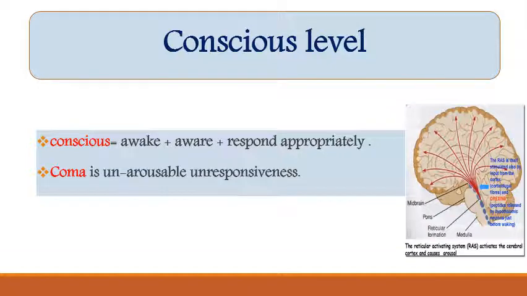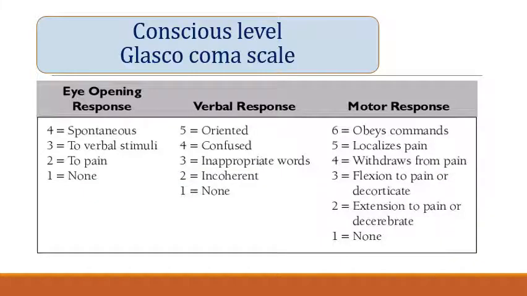To be aware, this is the function of the cerebral cortex, and to respond in an appropriate way, this is the function of the frontal lobe. So, a comatose patient or coma is defined as unarousable or unresponsiveness. So, we have what is called the Glasgow Coma Scale to assess the conscious level of the patient.